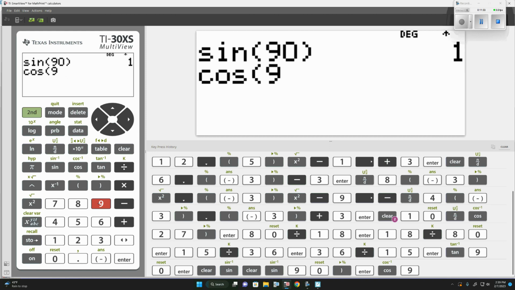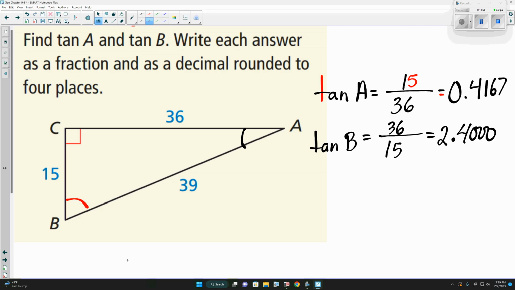Cosine of 90 degrees is not useless, but it's not going to help, especially with solving right triangles. The 90 is at 0. So that doesn't help us at all, if that makes sense. So sine of 90 is 1, cosine of 90 is 0. Before I move on to this next bit, are there any questions on this here?